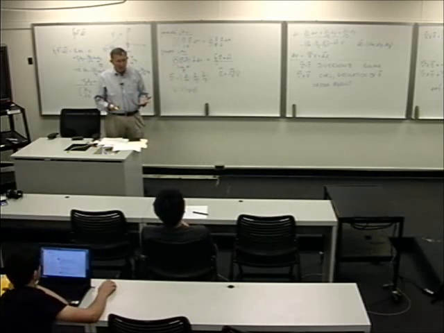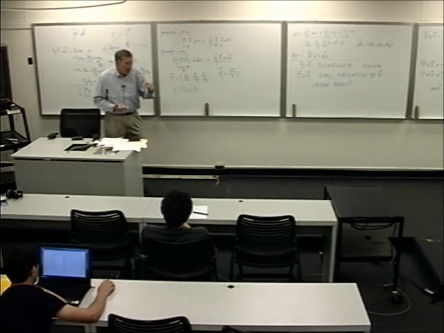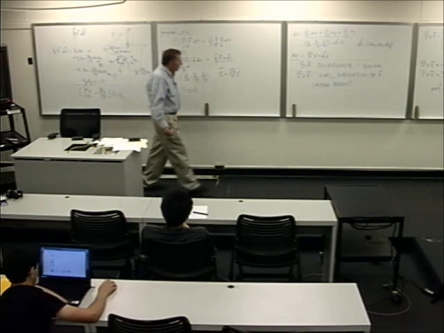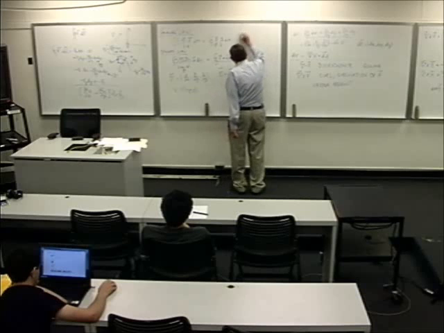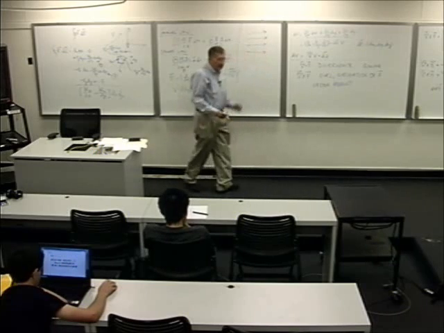What is a curl? The curl is a circulation around the loop. So if you actually take and measure the circulation around the loop of a field, if the field is exactly uniform, like this, okay?